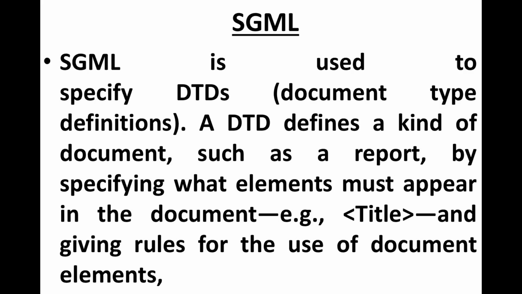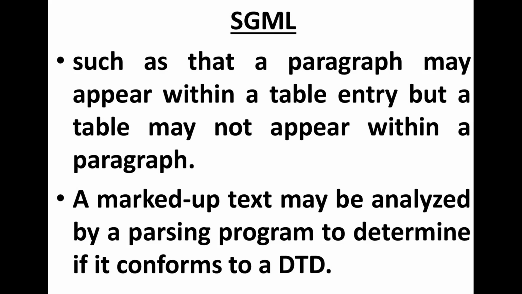A DTD defines a kind of document, such as a report, by specifying what elements must appear in the document, for example, a title, and giving rules for the use of document elements, such as that a paragraph may appear within a table entry, but a table may not appear within a paragraph.